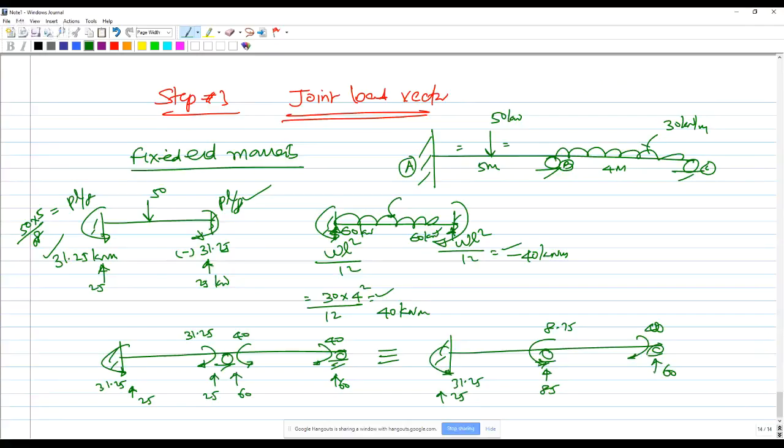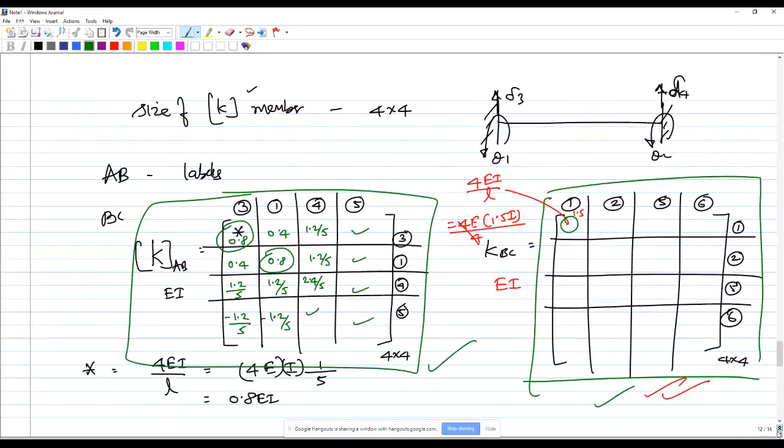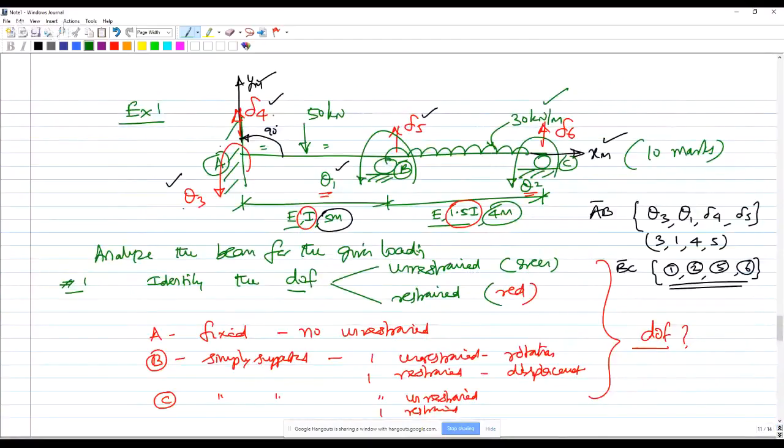I want to now create the joint load vector for this. Let us look into the degrees of freedom. Let us mark back the degrees of freedom. If you look at the degrees of freedom, 1, 2, 3, 4, 5, 6.